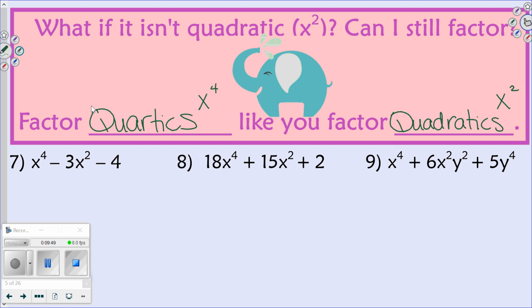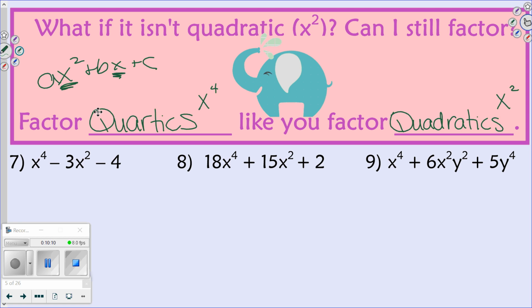Notice these go from an x to the 4th and then to an x squared. It cuts in half. So it's the same kind of pattern.